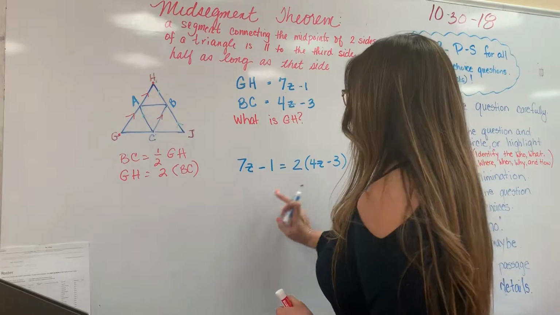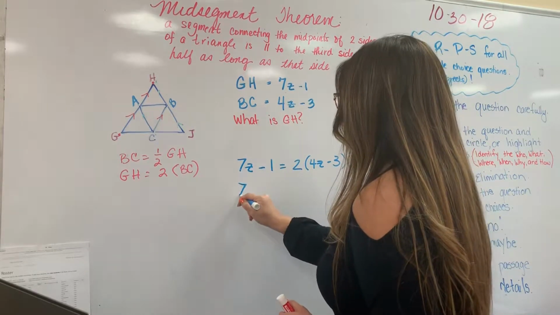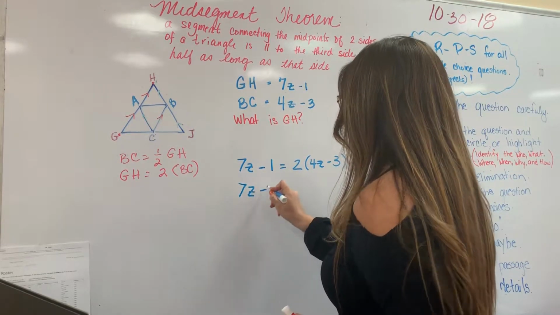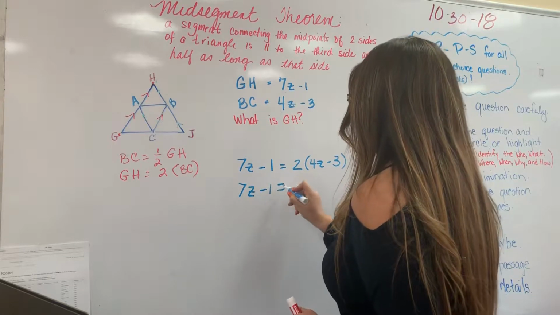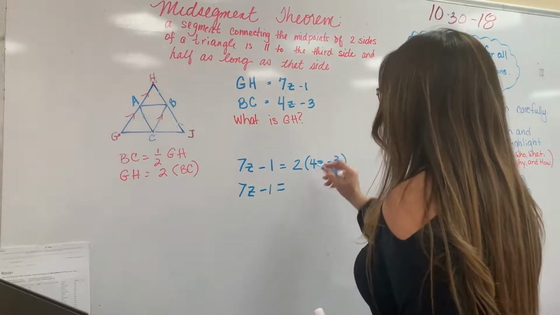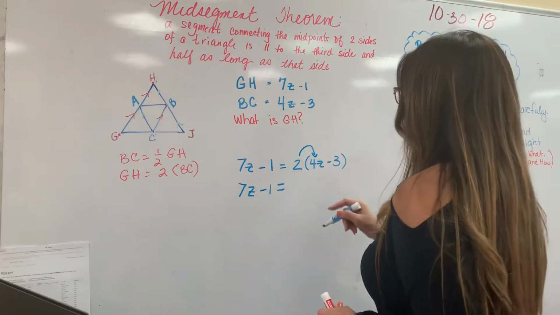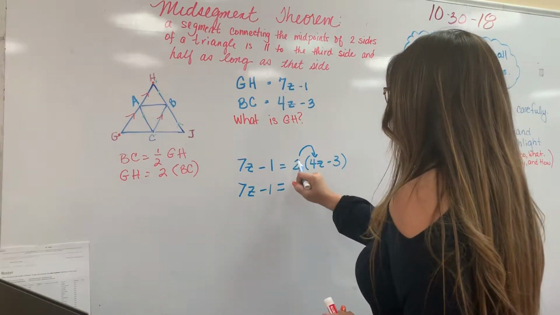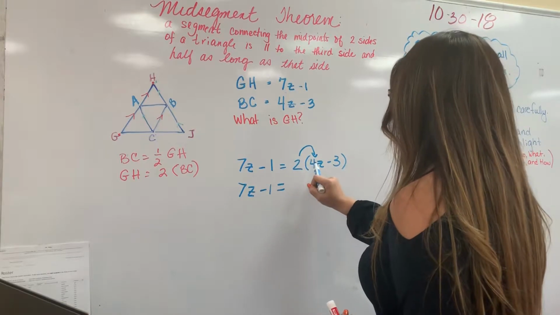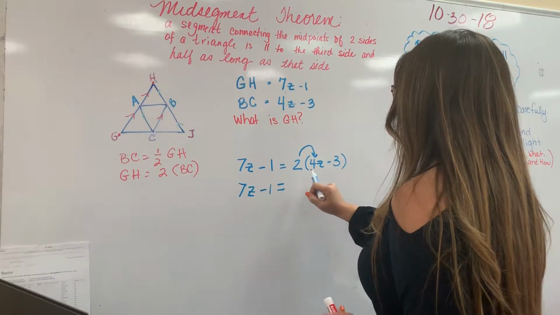Over here, I'm not doing anything, so I'm going to just keep it at 7z minus 1. Equal, now I'm going to multiply 2 times 4z, and notice that the 2 is positive and the 4 is also positive.